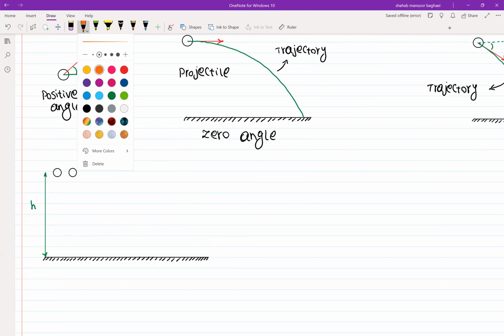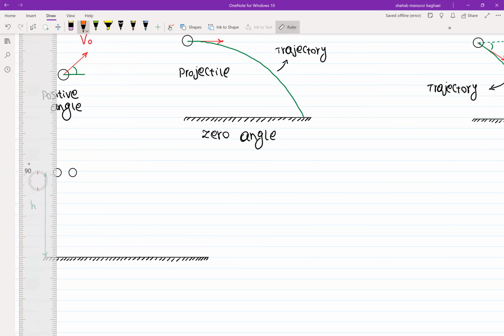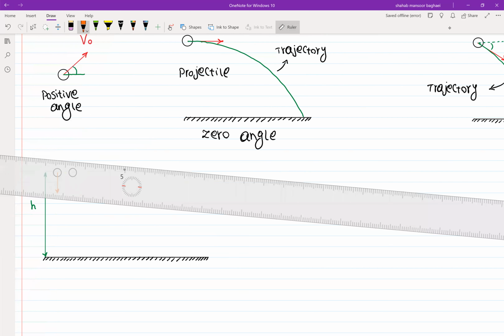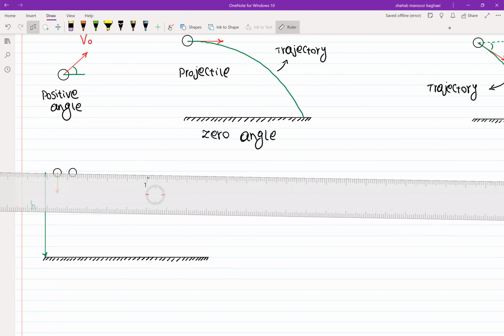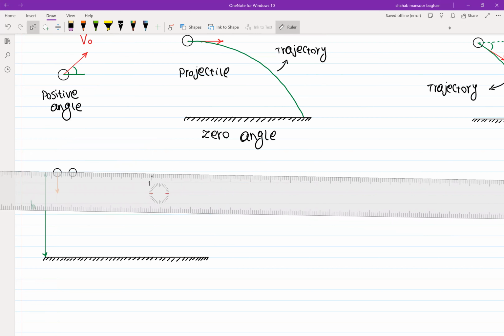Consequently, it will fall like this. The second one, I want to shoot it to the right with the initial velocity of V0. It means here. So you have initial velocity, which is V0 to the right side.